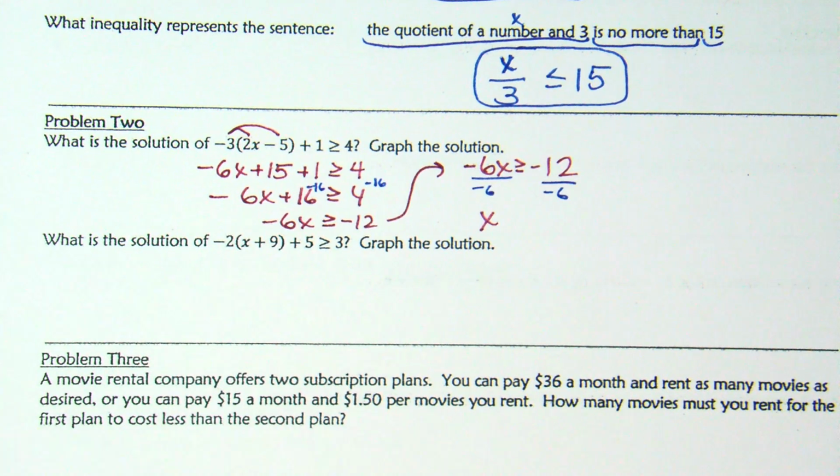So x is what? I've heard x is greater than or equal to 2. I've heard x is less than or equal to 2. There may even be a few out there just x is 2.